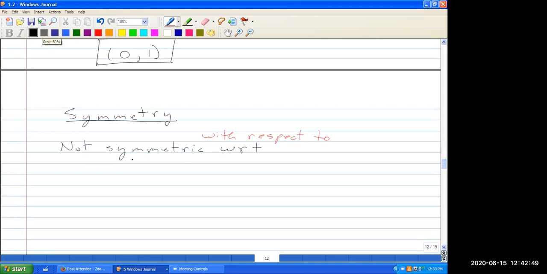It's not symmetric with respect to the x-axis, nor the y-axis, and not symmetric with respect to the origin.